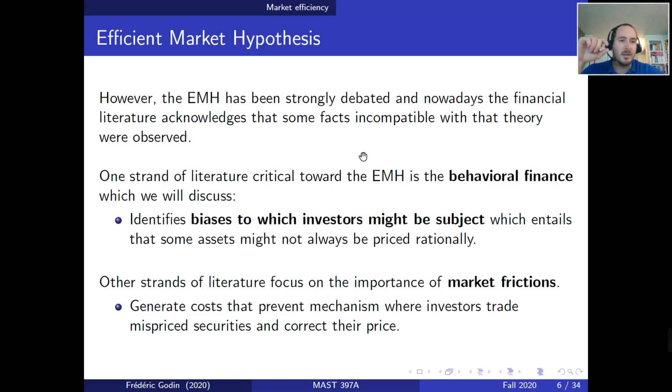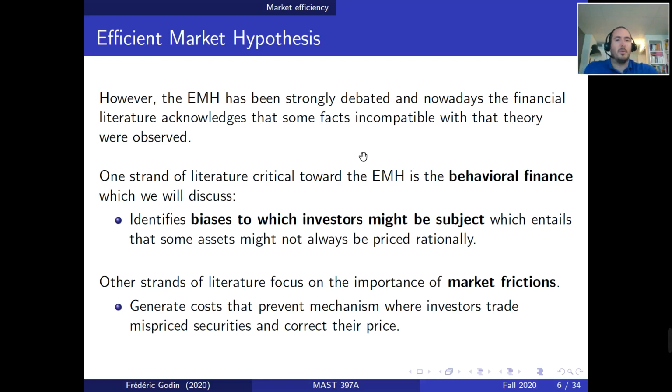Maybe the pricing of two securities might be inconsistent with one another. But trying to exploit this mispricing requires doing transactions, and the costs of such transactions might be larger than the benefit stemming from the exploitation of the mispricing. If the costs are higher than the benefits, then it's not worth trying to exploit it, which means that the mispricing might remain.